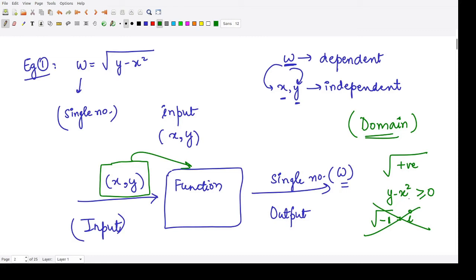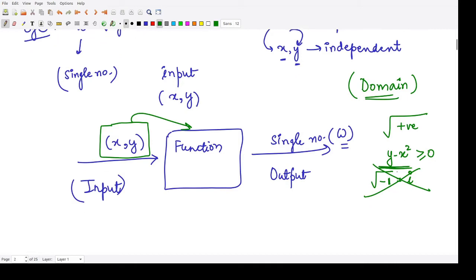So we will make sure that y minus x squared is a non-negative quantity. How will this become non-negative? Whenever y is greater than or equal to x squared. This becomes the domain. You will only choose those x comma y such that this condition is satisfied.